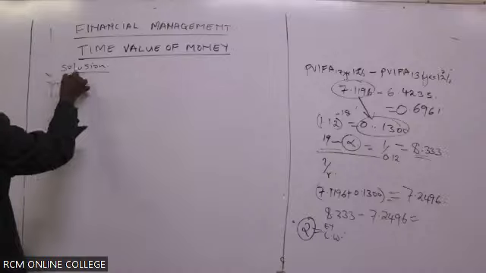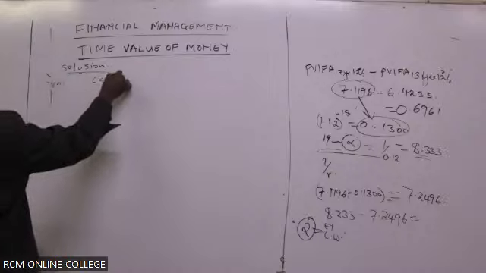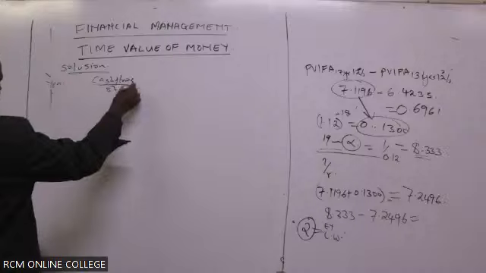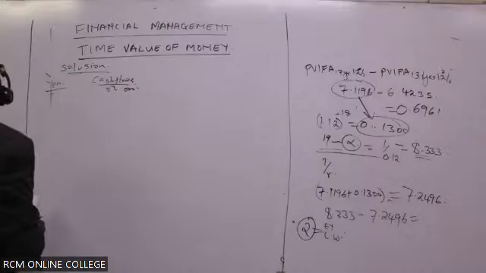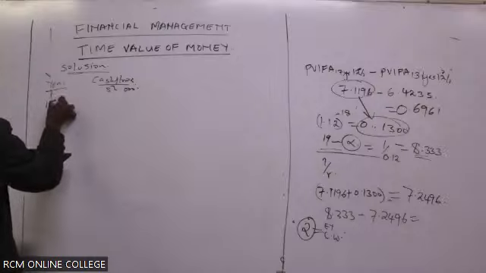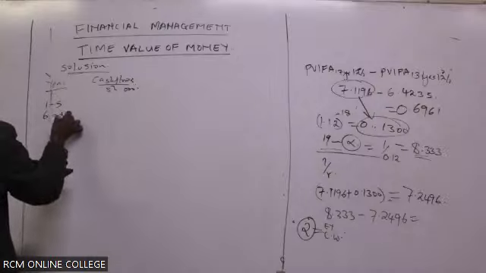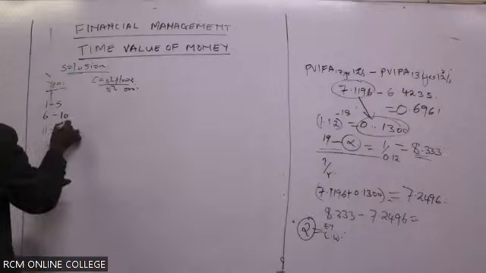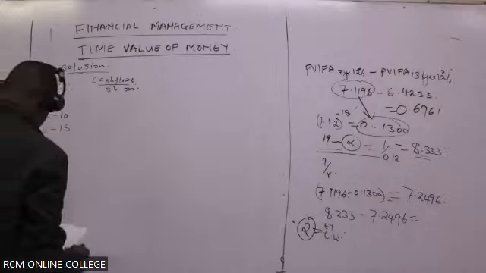Having here the cash flow, and the shillings are in 1,000. So here we are having years 1 to 5, 6 to 10, 11 to 15, 594.